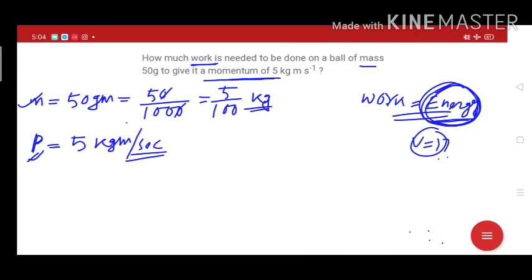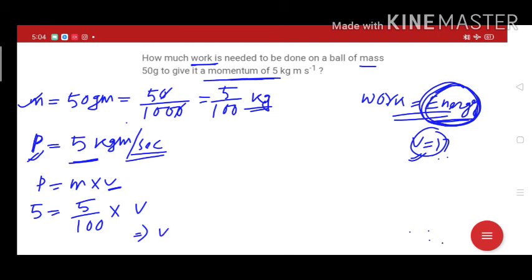So what we can do, by the formula of momentum, we are going to find out the value of velocity or speed, whatever you can say. So p is equal to m into v. So p is 5 and m is 5 by 100, and v is not given, so we are going to calculate the v.